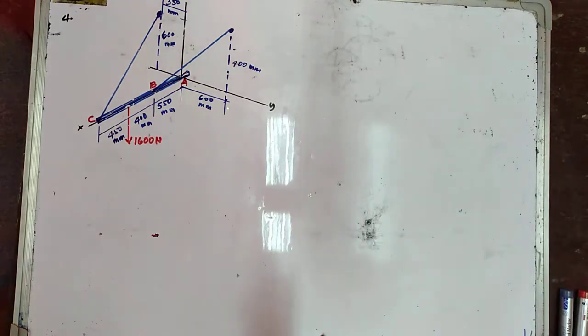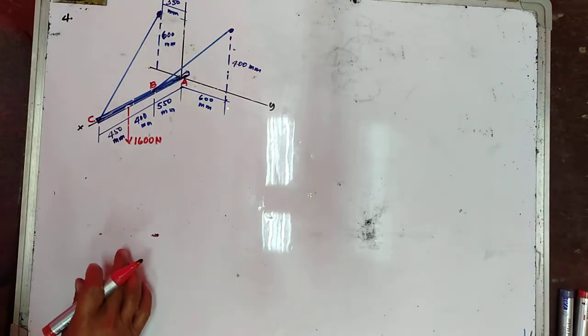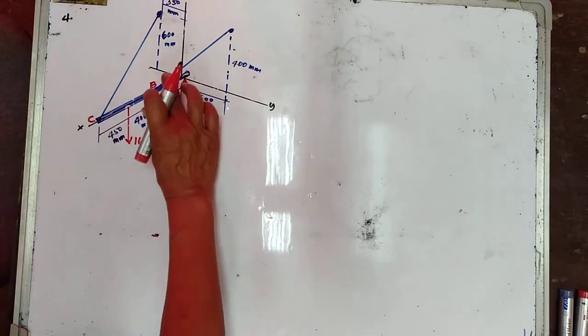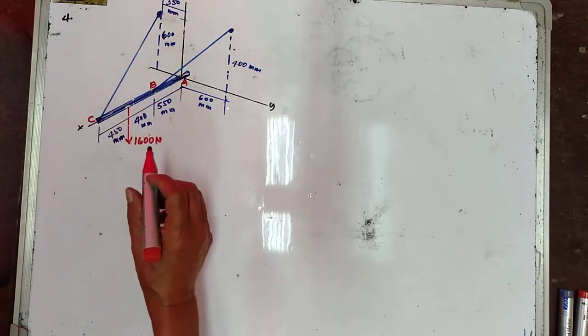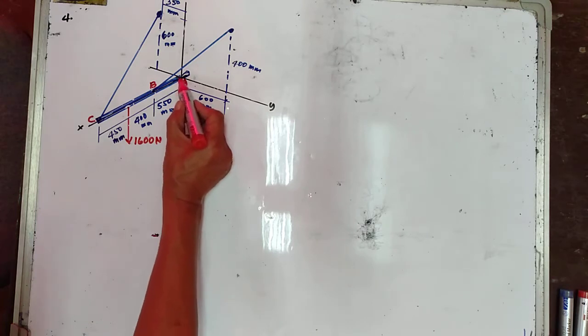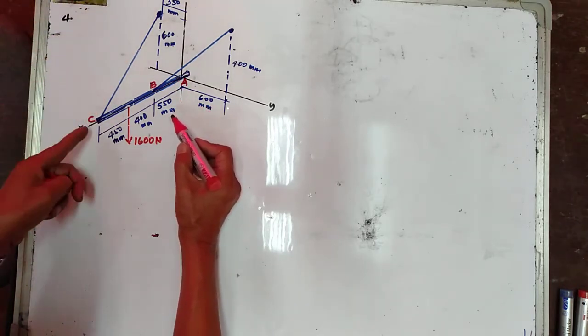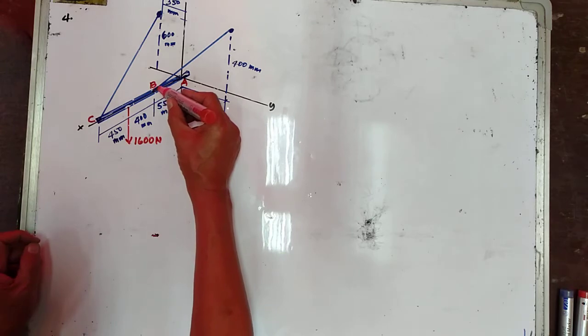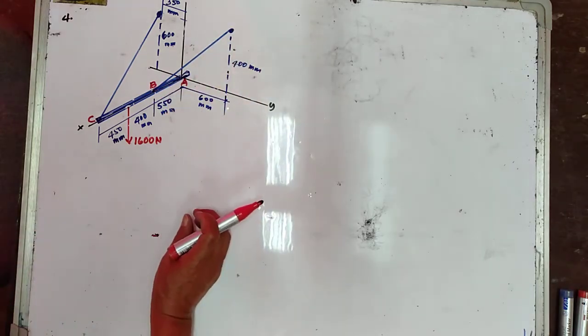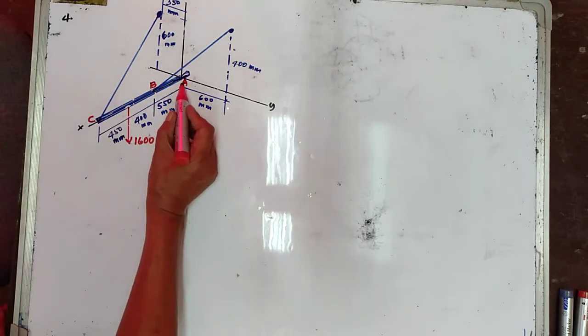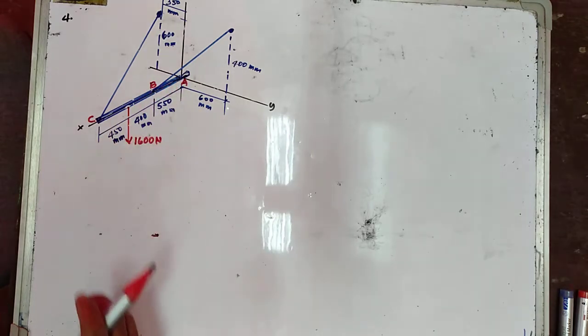This is problem 4. So we have a bar supported by a ball and socket joint. So this is your ball and socket joint, and 2 cables are shown. So we have this cable at point C and the cable attached at point B. Determine the reaction of the ball and socket joint and the tensions in the 2 cables.